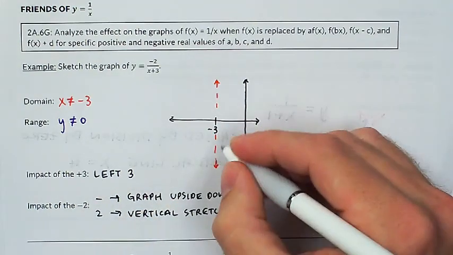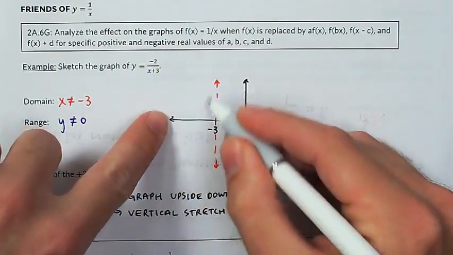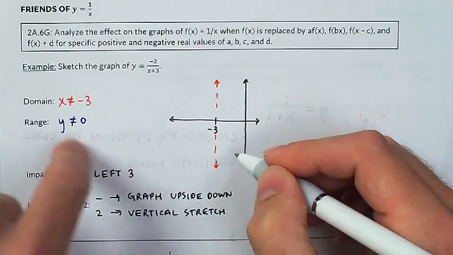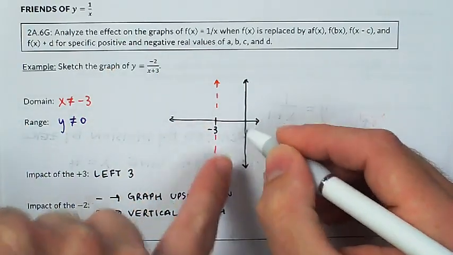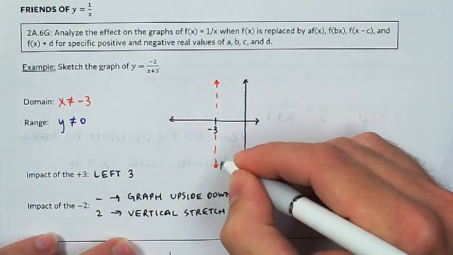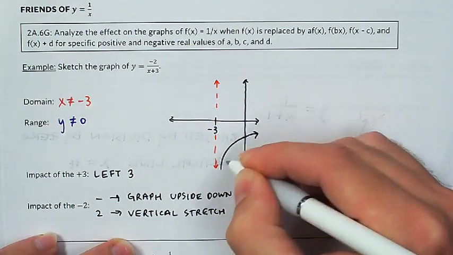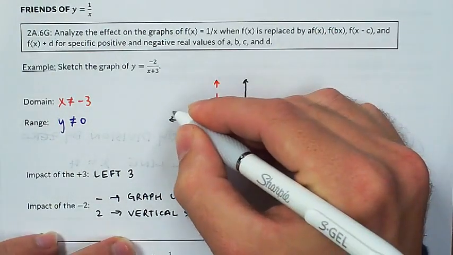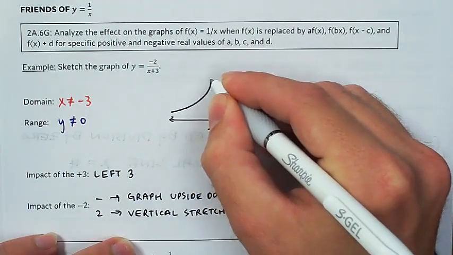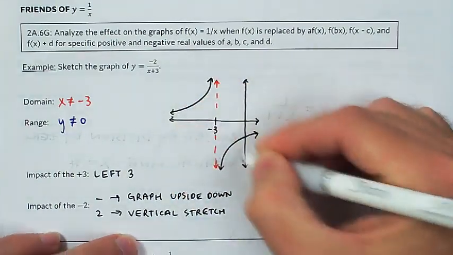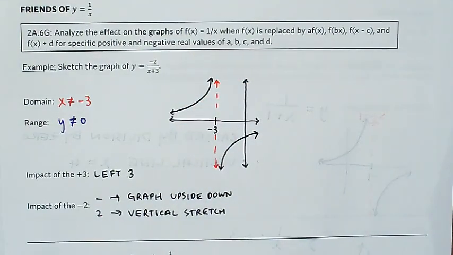Okay, -2 means it'll be the -1 over x graph, which will be on these two sides. And if it's -2, well, it'll be twice as far away, so maybe I'll go like that. I'm not really committing to a scale in y, so it's kind of hard to say.